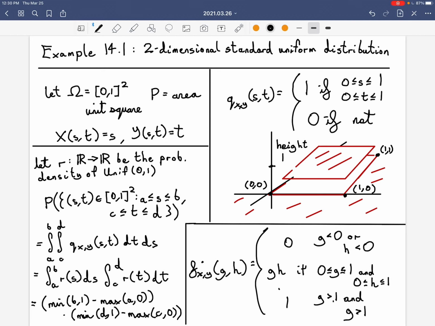And so for the two-dimensional standard uniform, I'm like dropping a coin on the surface of a table or something, and I know it's always going to fall somewhere on the table, but I have no control over where it lands. So in that case, the two random variables are the x coordinate of where your coin landed and the y coordinate of where your coin landed.